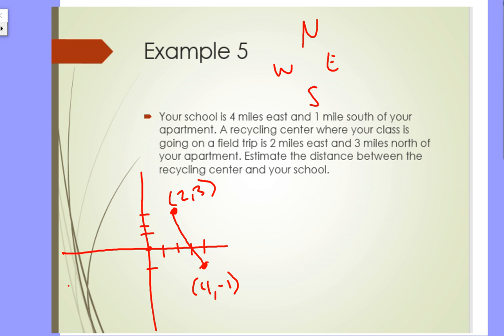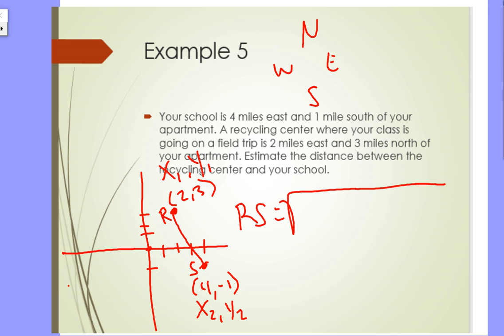So I'm going to go ahead and put, in this case, R for recycling center and S for school. So the distance from R to S is equal to the square root of x2 minus x1 squared. I'll call this x2 and this y2, and I'll call this x1 and this y1. And again, I could have switched those. It doesn't matter.